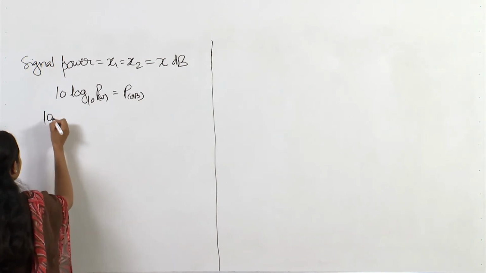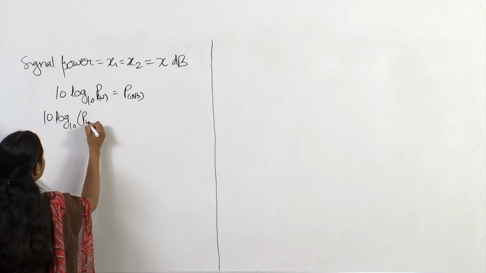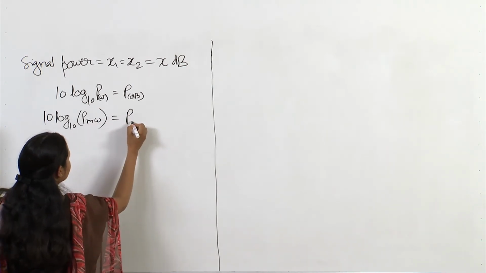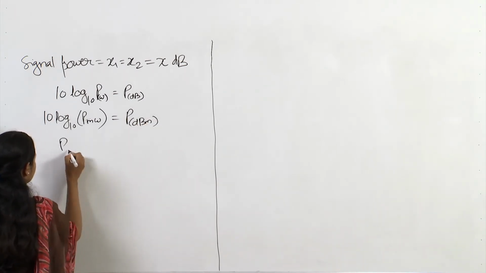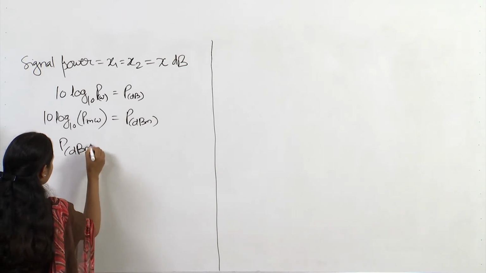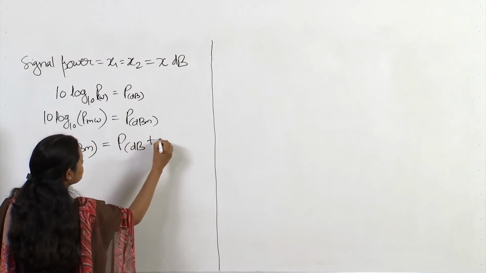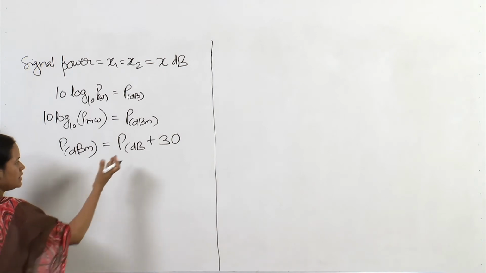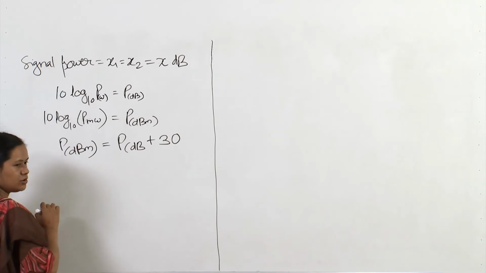If we do 10 log 10 P in milliwatt, then it is P dBm, and P dBm is actually your power in dB plus 30, because in milliwatt it is 10 to the power 3, so that becomes plus 30 here. So, this relation we have to keep in mind.